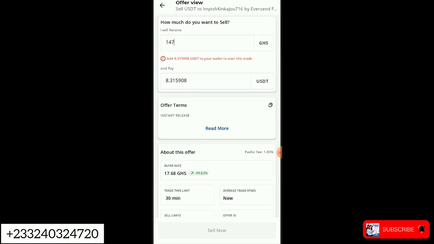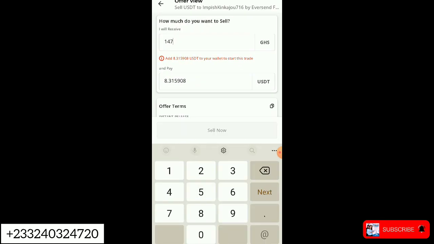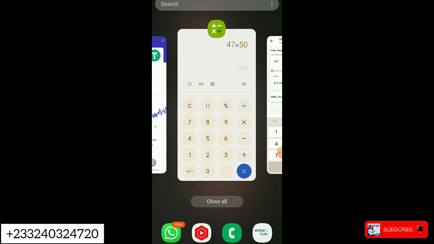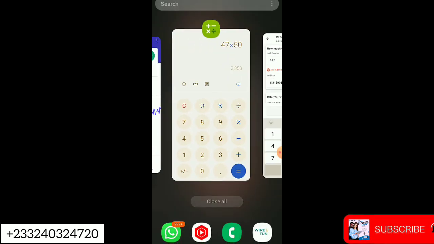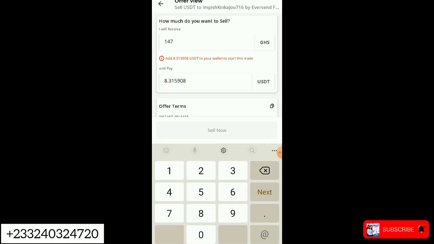Check this: right now, 100 is the money I'll be investing, and the 47 is the interest or the profit I'm making from it. So imagine I'm doing it 50 times with this person. 47 times 50, and I'll be getting 2,350 as my profits.